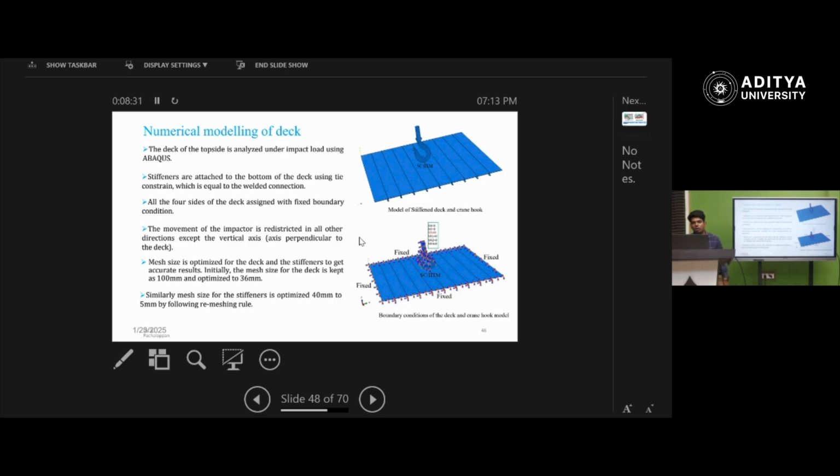Stiffeners are attached to the bottom of the deck plate, and the deck plate is attached with a fixed boundary condition in all directions. Here also a mesh convergence analysis was done to get appropriate results. It was optimized from 100 mm to 36 mm. We could still reduce the mesh size, but we need a higher-end laptop or PC to perform that analysis.